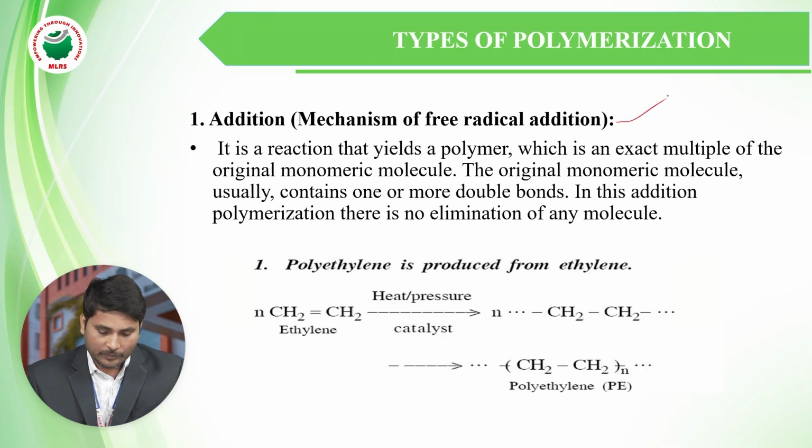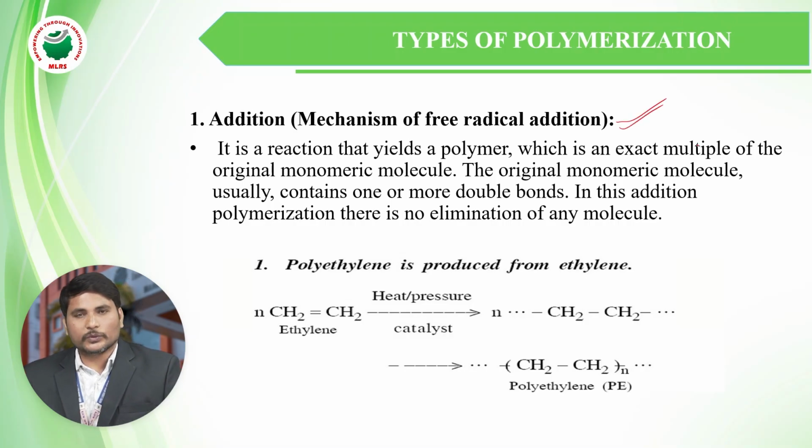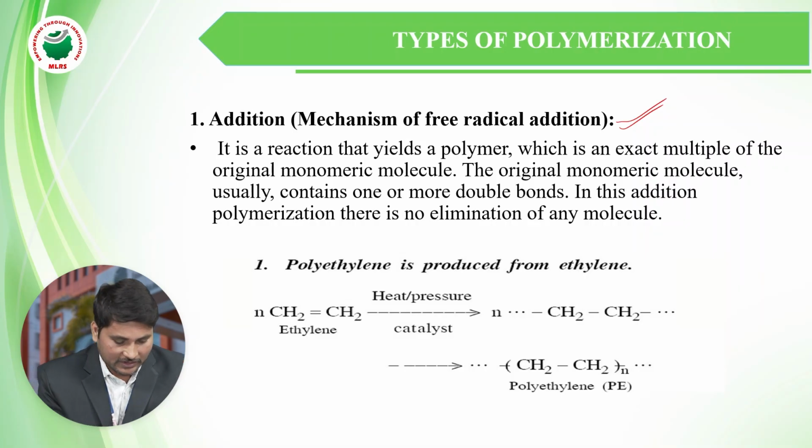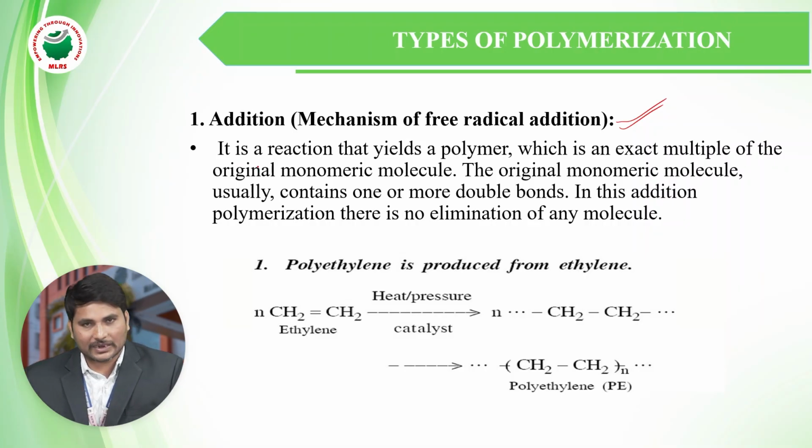In addition polymerization, the free radical addition polymerization is the best example to explain it. To discuss free radical addition polymerization, first we will see the definition or characteristics of addition polymerization. It is a reaction that yields a polymer which is an exact multiple of the original monomeric molecule.